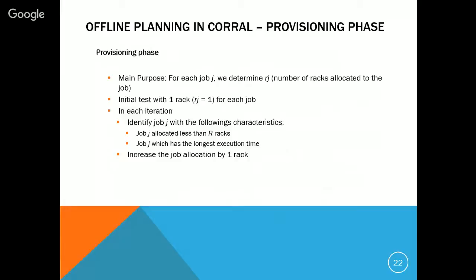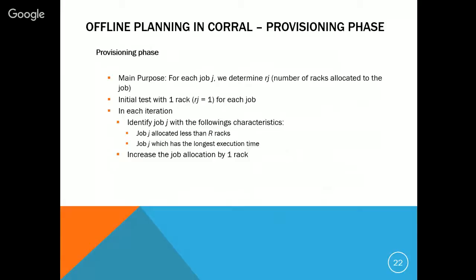After each iteration, we find the job which is allocated less than R racks and has the longest execution time according to the current rack allocations. The iteration finishes when all jobs have R racks allocated already.